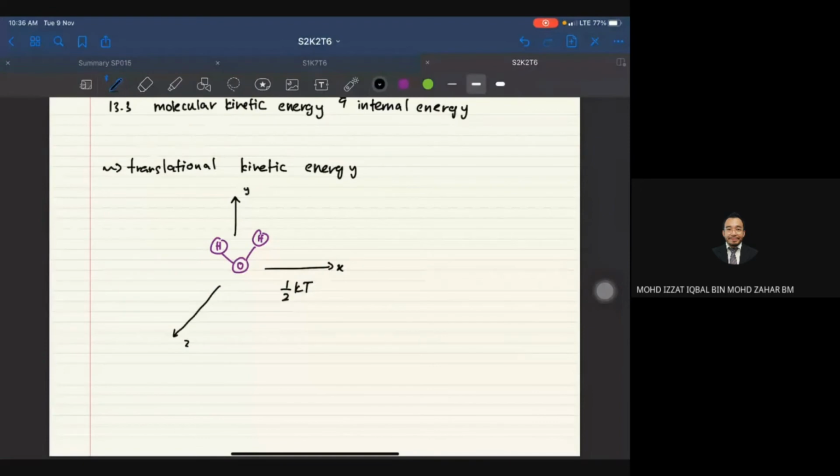So if you have 3 direction, so dia jadi berapa total? 3/2. 3/2 KT. So this is the formula that you have lah. Translational kinetic energy for a molecule. Okay, untuk satu molekul.